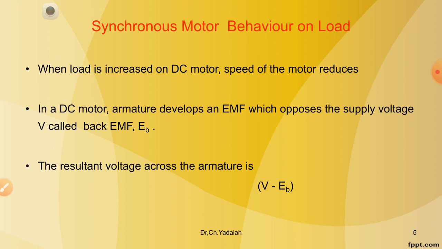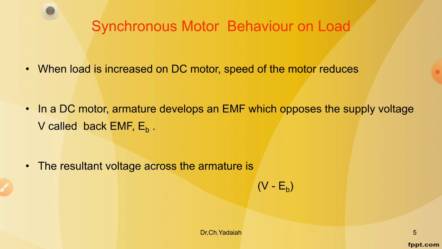Let us assume a load of 1 kg is added by spring balance in our laboratory. We can observe the speed with the help of a tachometer. The speed is reduced from 1440 to 1420 rpm. Now add some more load, for example 3 kgs, and you can observe the sound also.